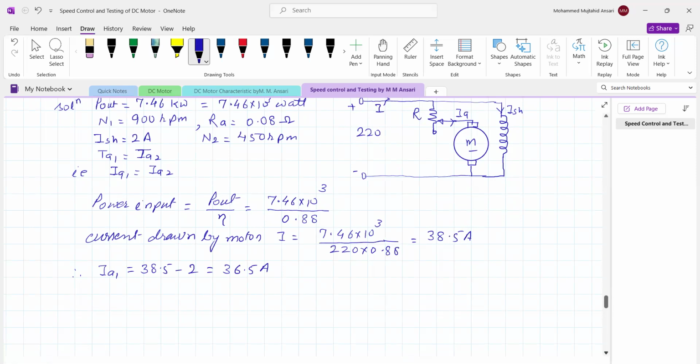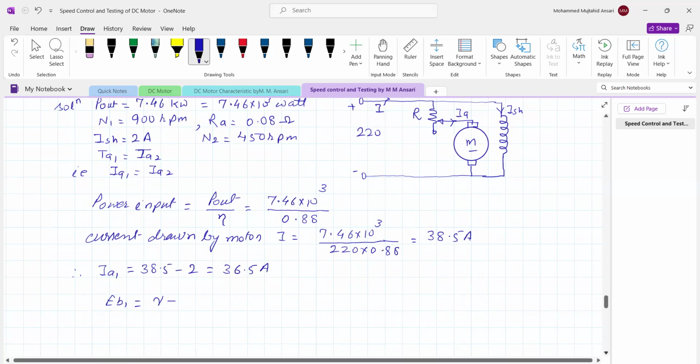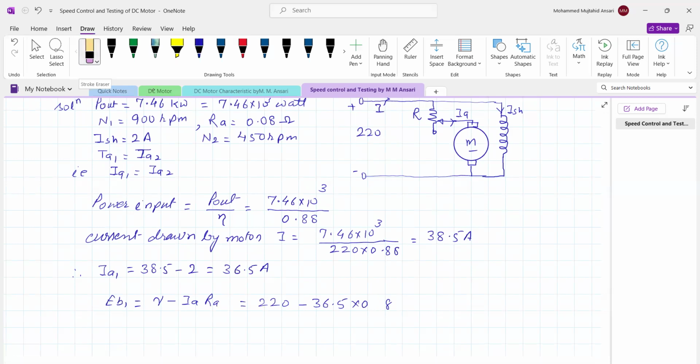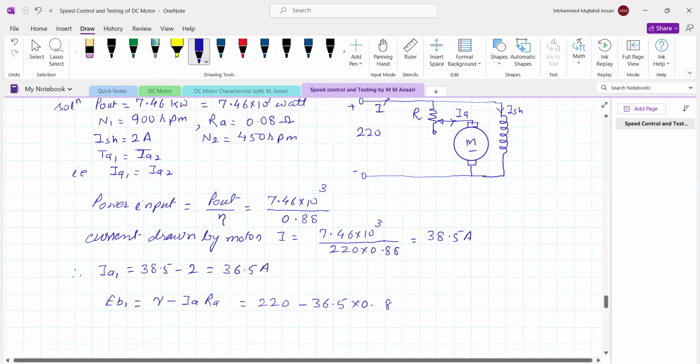And we have already considered the torque TA1. The torque is the same, so the armature current in the second case will also be the same. So now back EMF EB1 is equal to V minus IA into RA, so it is 220 minus 36.5 into 0.08.